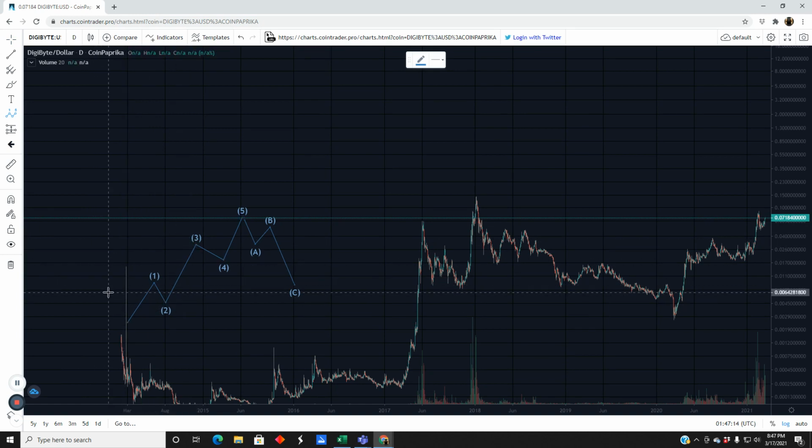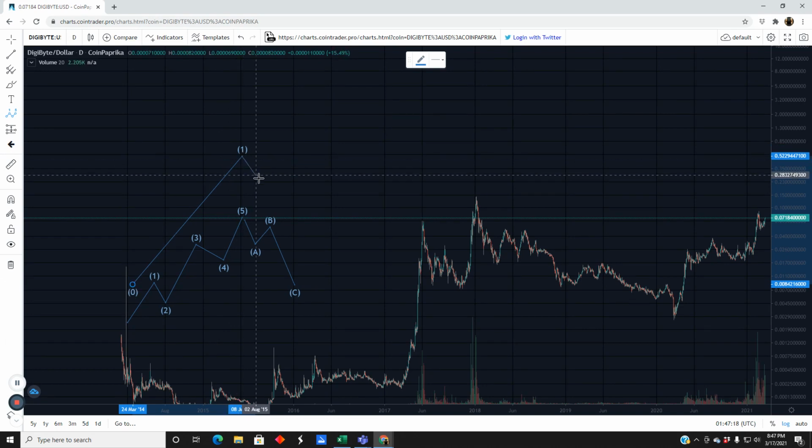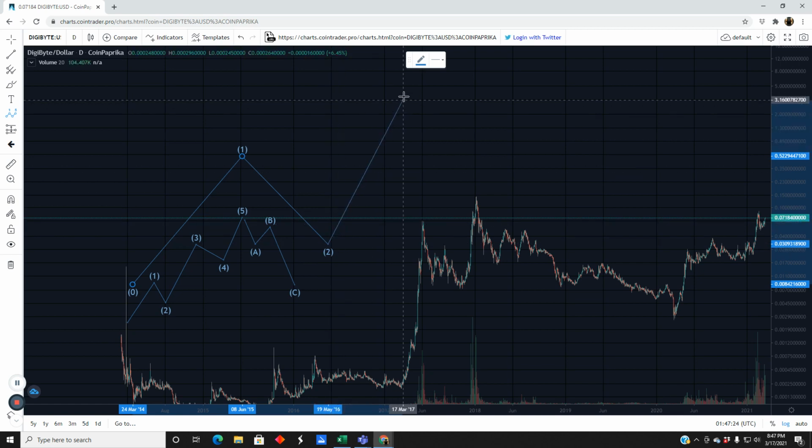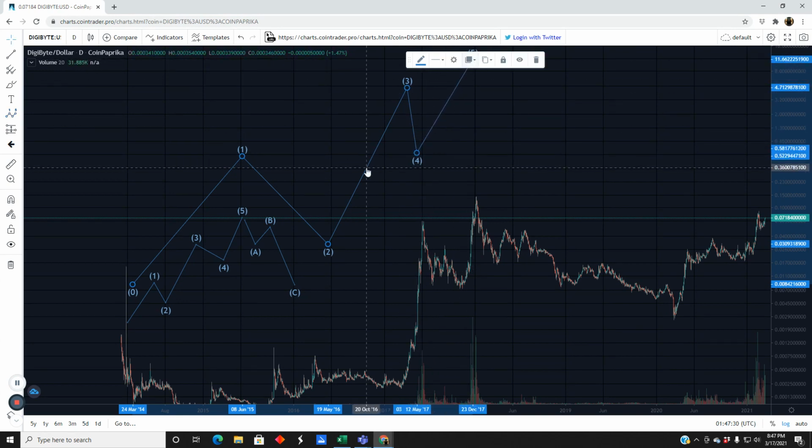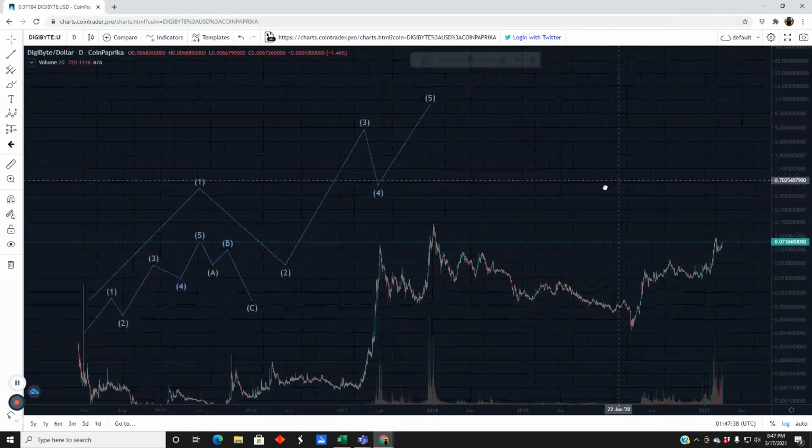That's wave one. And then we have either a complex wave two, and then a wave three, and then a simple wave five. Doesn't pass this point, this one over here, and then you have wave five.